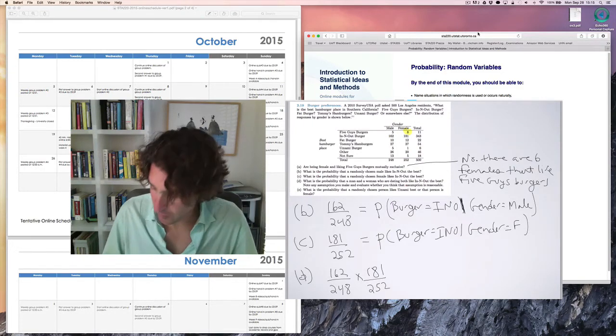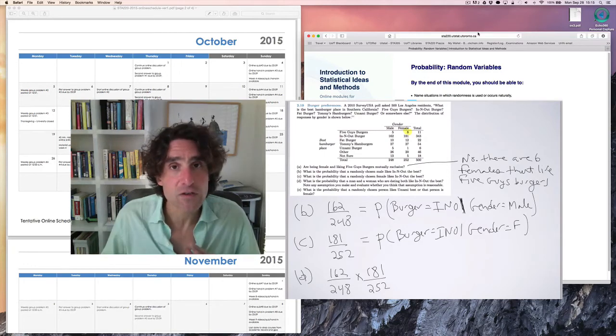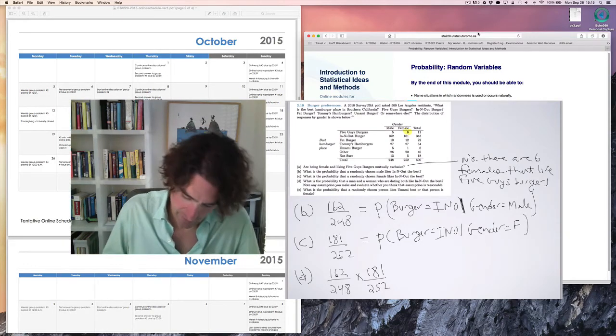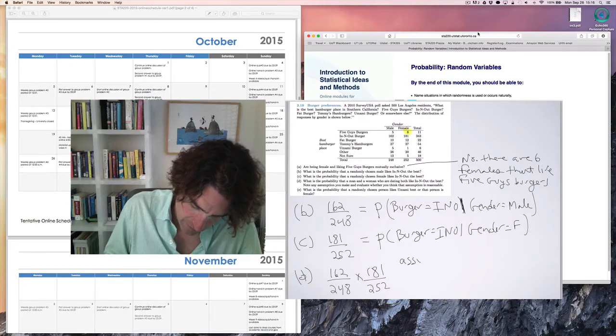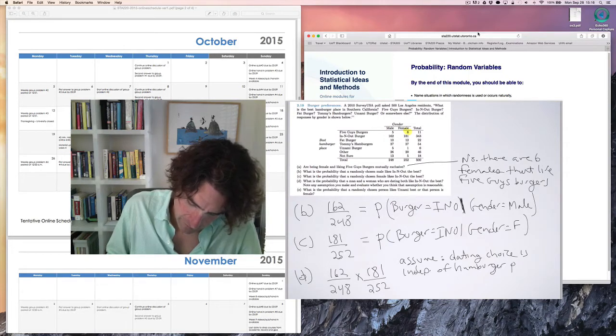And the assumption here would be that dating choice is independent of hamburger preference. So we must assume that dating choice is independent of hamburger preference.